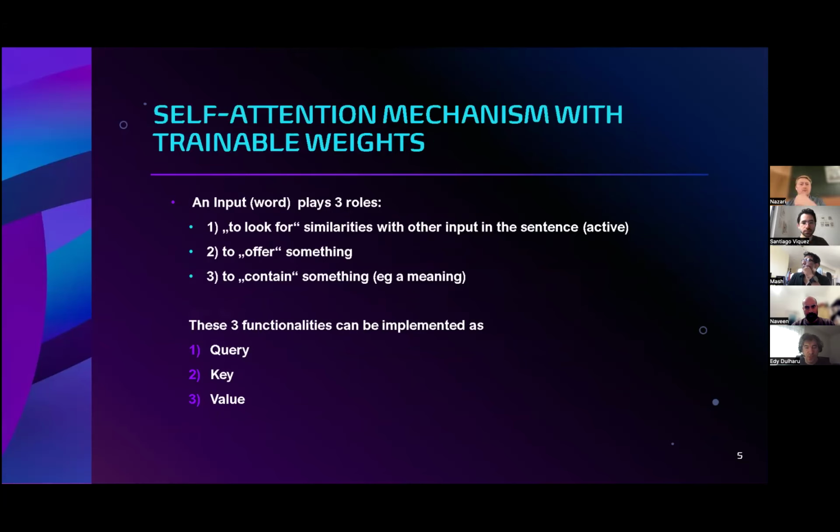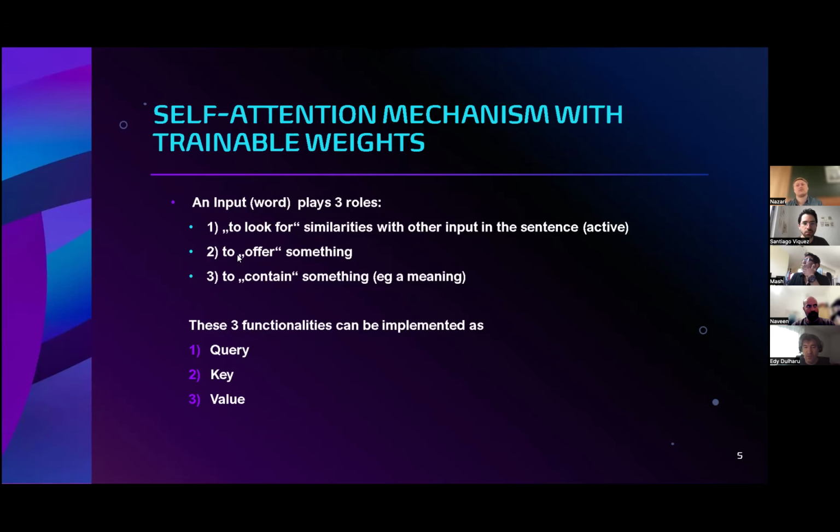So this is the short recap of the trainable weights in order to have a meaningful understanding of the causal attention. Just short, because we will discuss extensively these three concepts: query, value, and key. So again, we had a sentence, which is an input to the large language model, and within the sentence, every word will play three roles at any given moment.